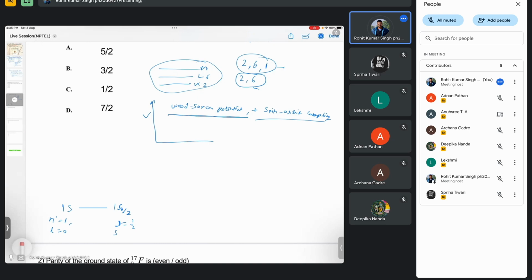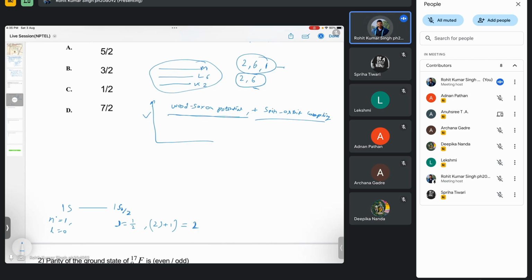The number of fermions that it can accommodate is given by the quantum rule, 2J plus 1, which will be 2, right?